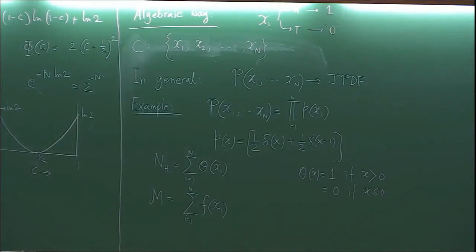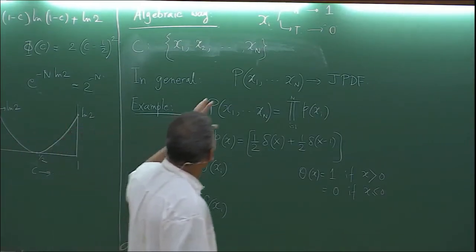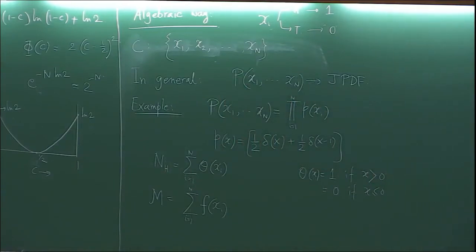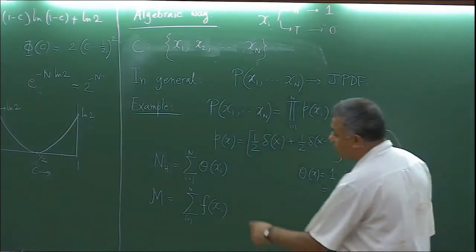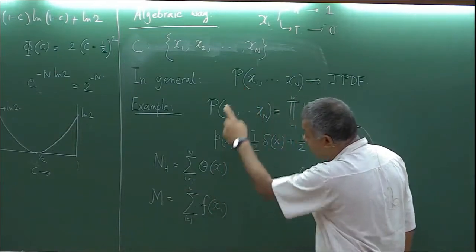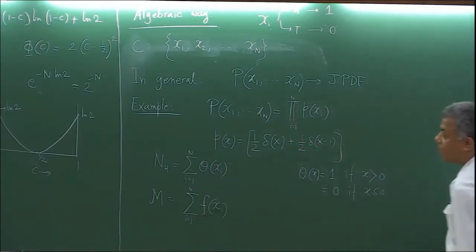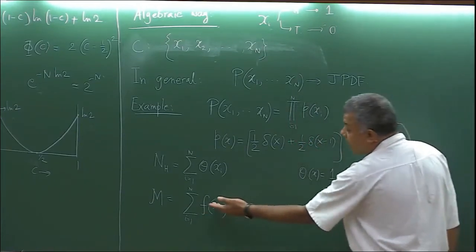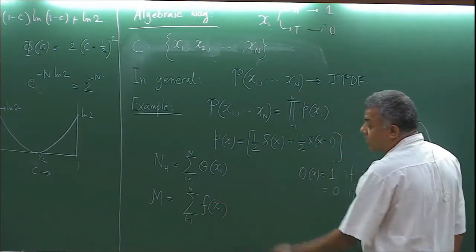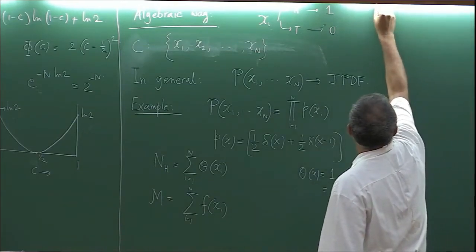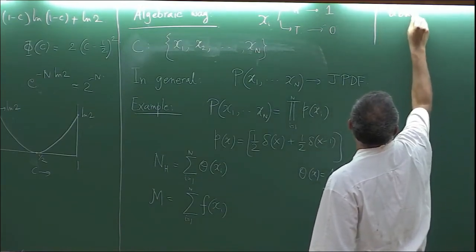So the general problem is that you give me a joint distribution, and I want to calculate the distribution of this linear statistic. You give me the joint distribution, and you give me the function f of xi. It could be, for example, a linear function, just a sum of random variables, or it could be x1 square plus x2 square, f of x is x square, whatever, any function that you like.